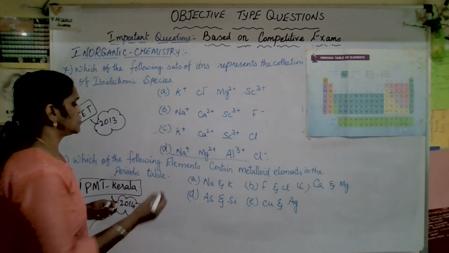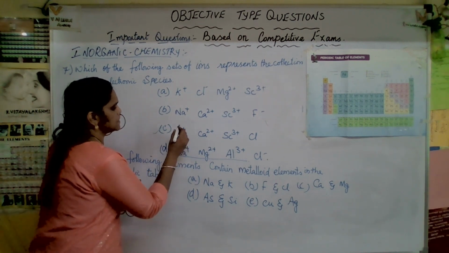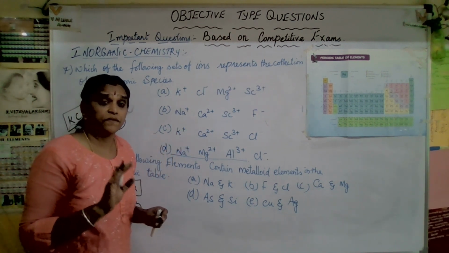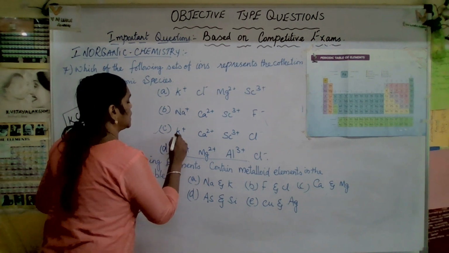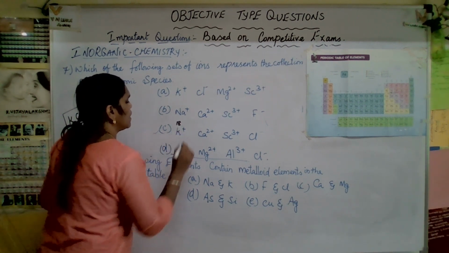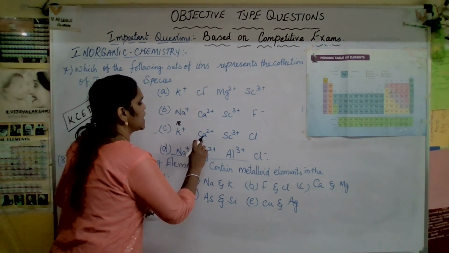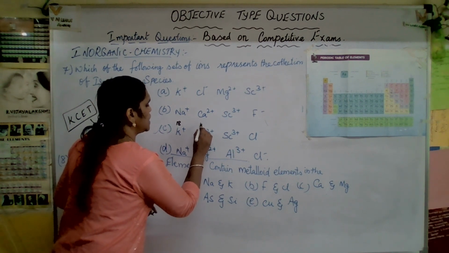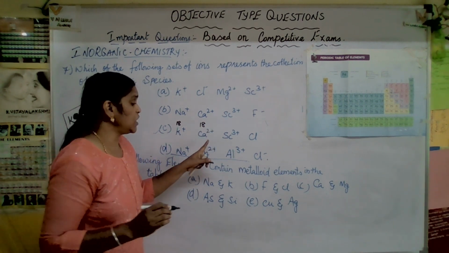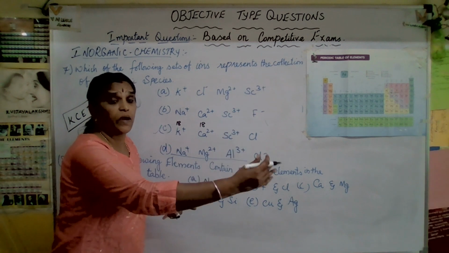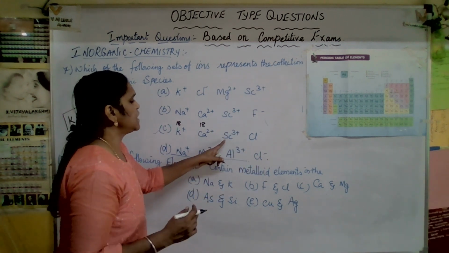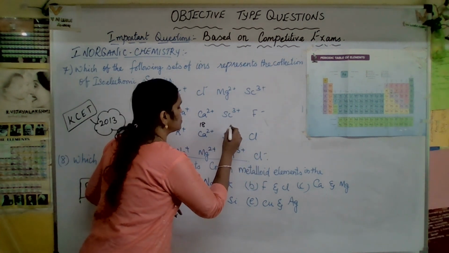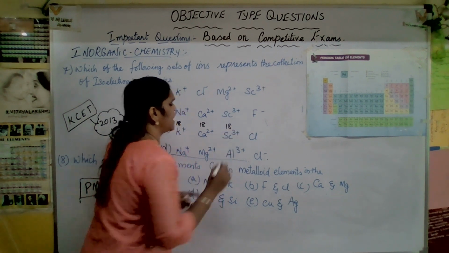You know very well. So K plus is actually potassium, atomic number 19, but here K plus has 18 electrons. Then Ca2 plus, atomic number 20, so 2 plus means 2 electrons contributed, giving 18. Sc3 plus, atomic number 21, 3 electrons contributed, so also 18 electrons.